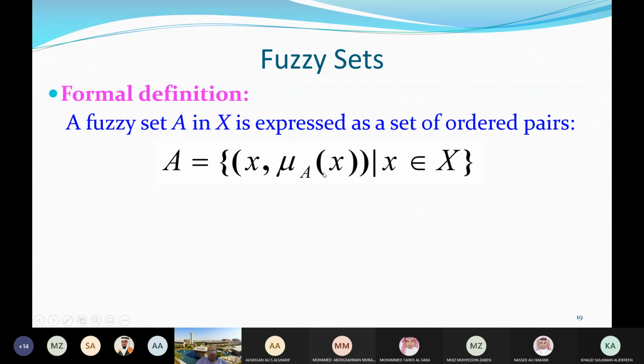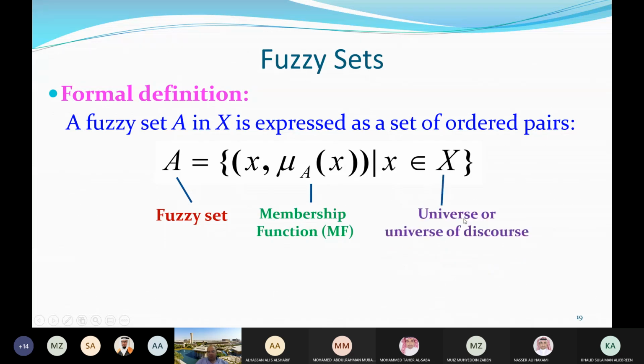This could be, for example, temperature (high, low, freezing, cool), pressure, or speed (slow, high), and so on. So this is the membership function that will be defined in order to get mu A of x. This is the value, and you get the degree of membership. And this is the universe of discourse, or simply the universe.